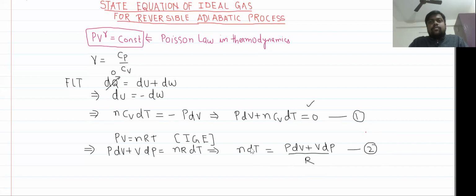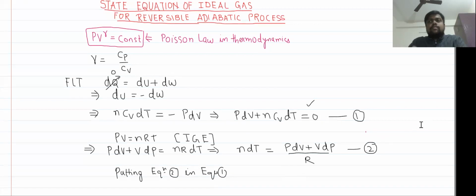Now we'll put the value of n dT in the first equation. Putting equation 2 in equation 1, what will we get?